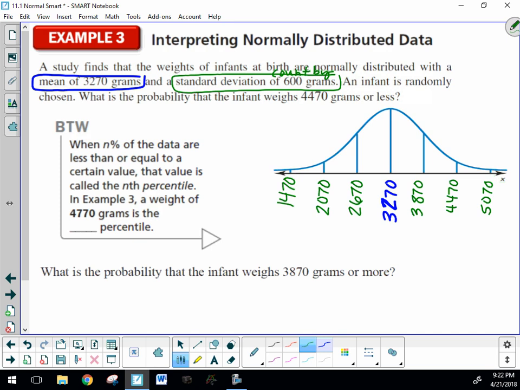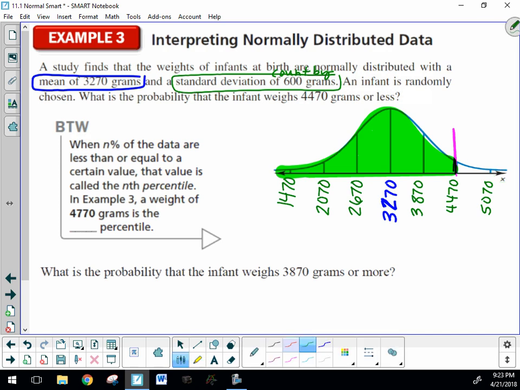All right, so an infant is randomly chosen. What is the probability that the infant weighs 4,470 grams or less? Well, here is 4,470 grams. So the probability of an infant weighing less than that would be all of this area. Most infants. So let's figure out exactly what that percentage is.